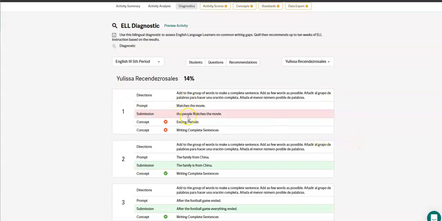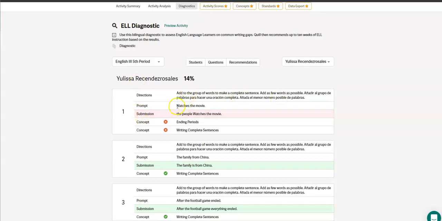So this is, for example, "the people watches the movie." I would say that this particular student came in as a beginner ELL. She did progress to being intermediate over the class period. But you'll notice a lot of the mistakes that she was making are very common ELL mistakes.